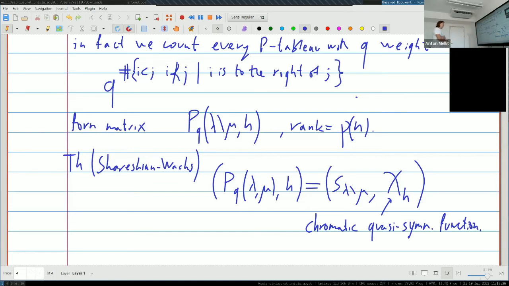It's usually called that, though it's actually a symmetric function. But for some reason it's always called chromatic quasi-symmetric function, because it's not trivial that it's symmetric. Okay, so we have this chromatic quasi-symmetric function.